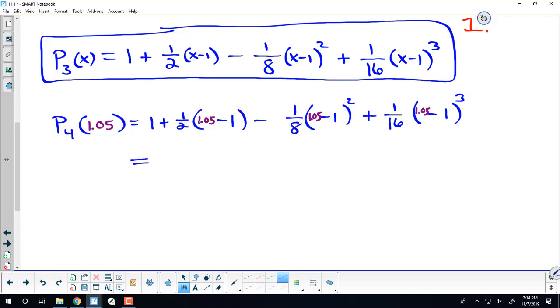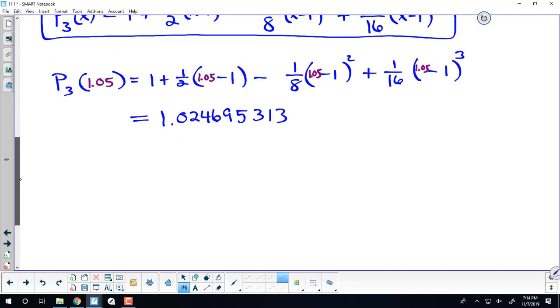Okay, so that's the approximation of the square root of 1.05. So p sub 4 at 1.05, 1.02465... wait, 313. P sub 3, yeah, I'm sorry. So P sub 3 is 1.024695313.